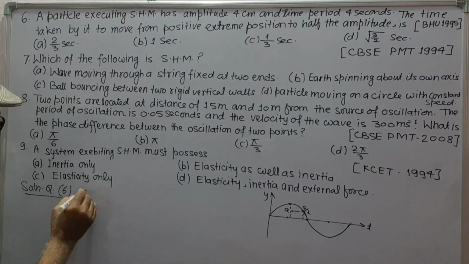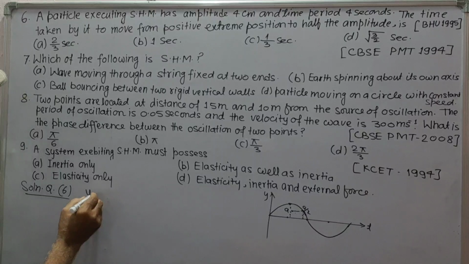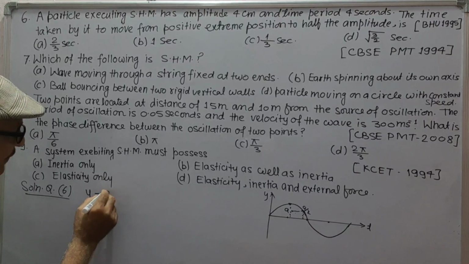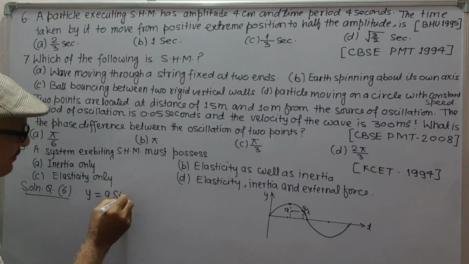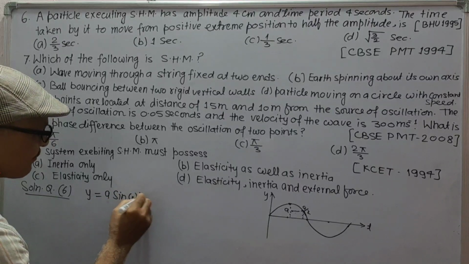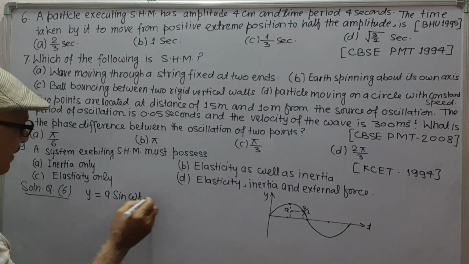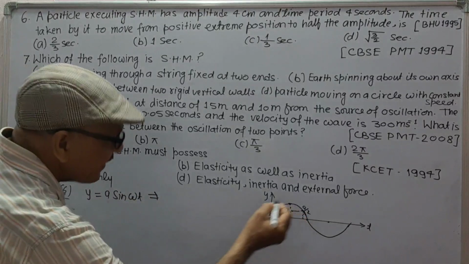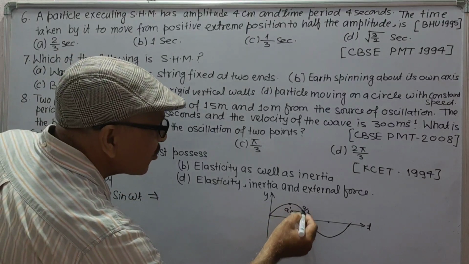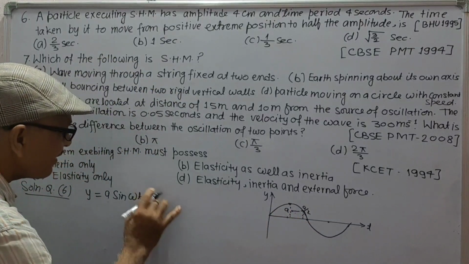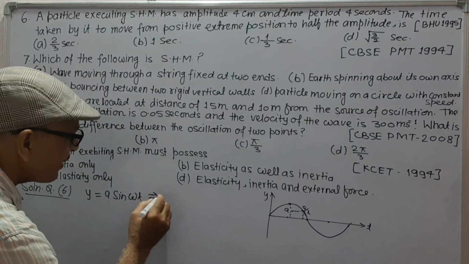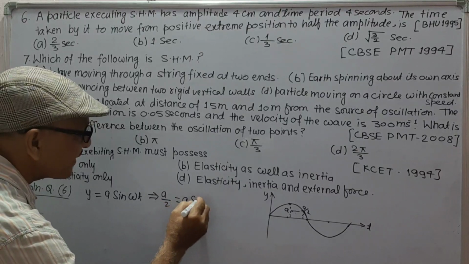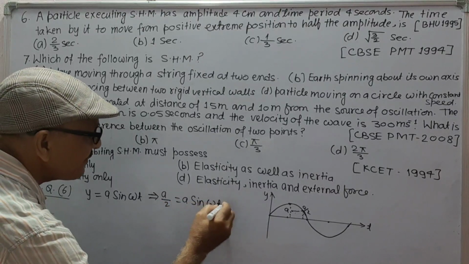Now y will be equal to A sin omega t. Here y is A by 2. So A by 2 will be equal to A sin omega t.